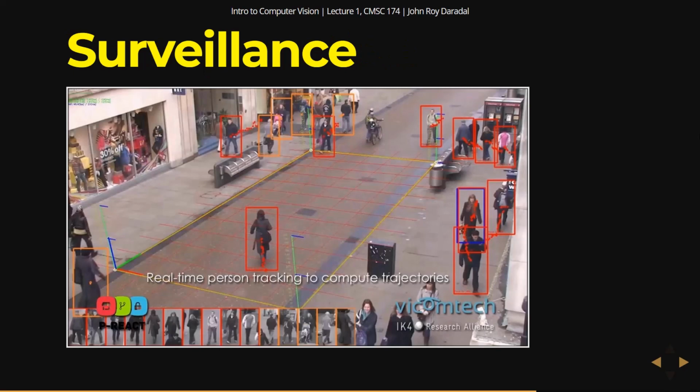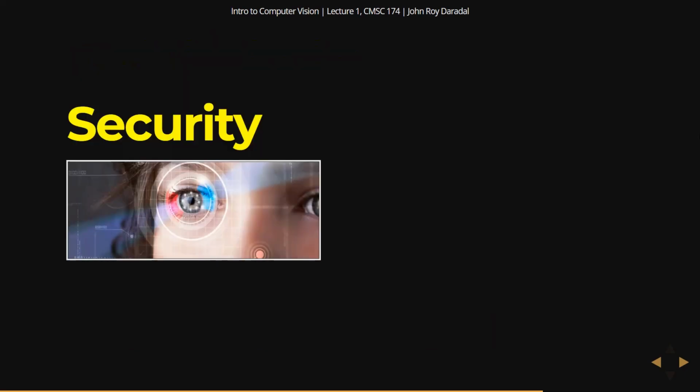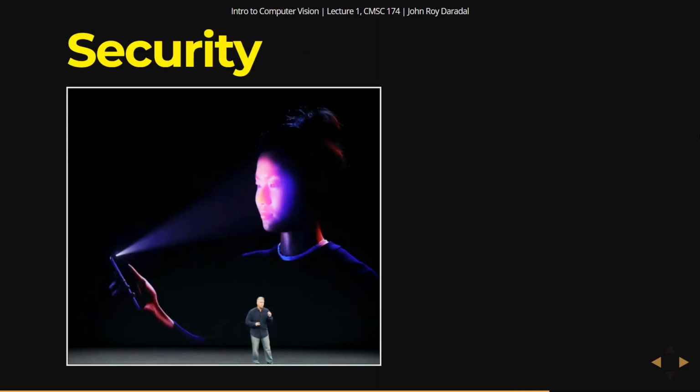And then of course you have surveillance, so tracking people on a CCTV. You can also do that. And then for security, of course, you have things now like the Face ID in iPhone. Okay, so it recognizes that this is your face. And how does it do that?